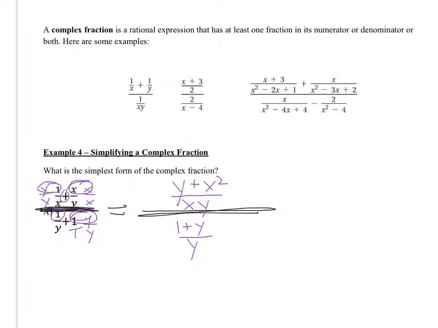You now state your restrictions. Whenever you see a fraction, the bottom, x cannot equal 0, y cannot equal 0. That's the same bottom there. I still got my y. So now I have this division. So remember, dividing by a fraction is the same thing as multiplying by its reciprocal.